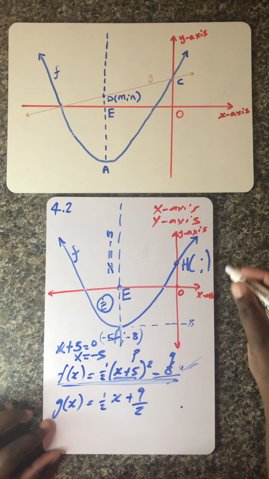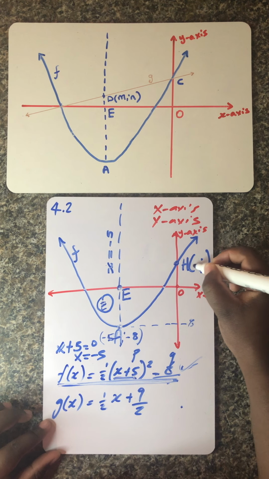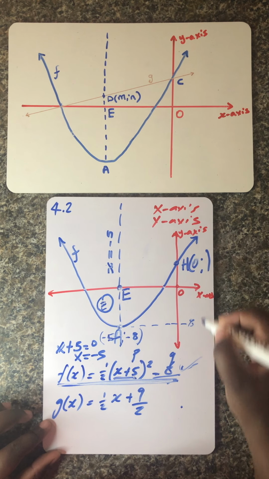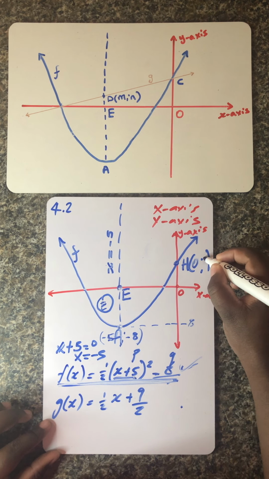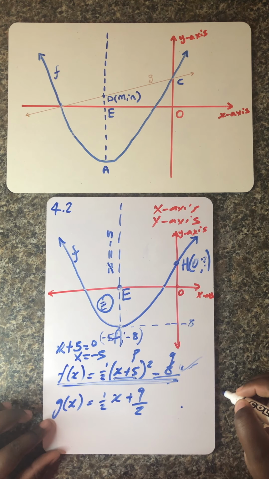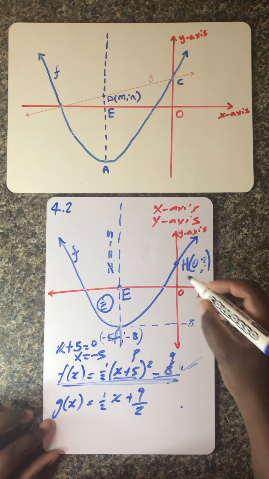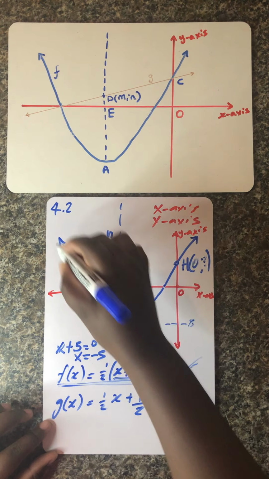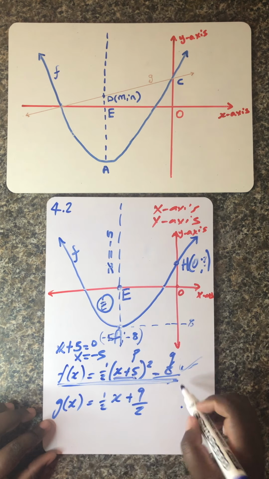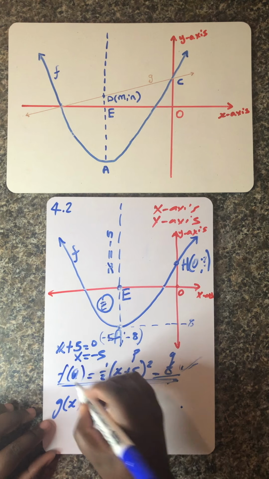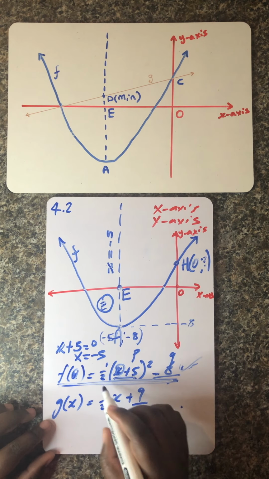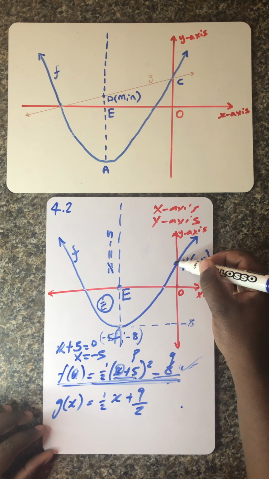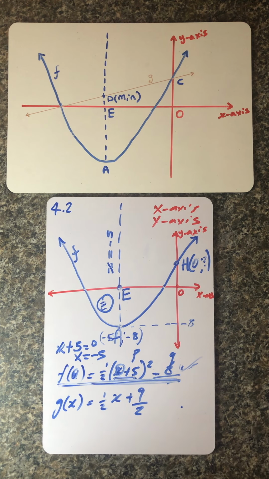At that point I already know the x value is 0. If I want to know the y value, I can just substitute into the formula of that function or graph. So wherever you see x, just place 0, punch all of this on a calculator, and it will give you the value at that point. Just as an example, guys.